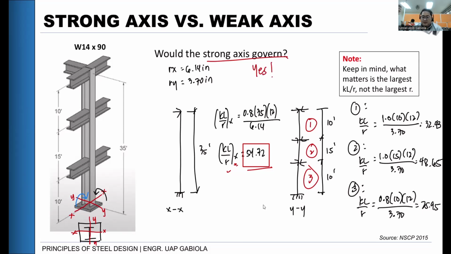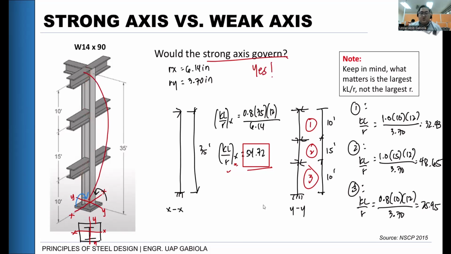Ibig sabihin, mas unang lulundo itong portion na to, or unang magbe-bend siya, unang magbabakel, compared dito sa section natin na to kasi madaming nakatukod sa kanya. Madaming tumutulong para hindi siya mag-bend.